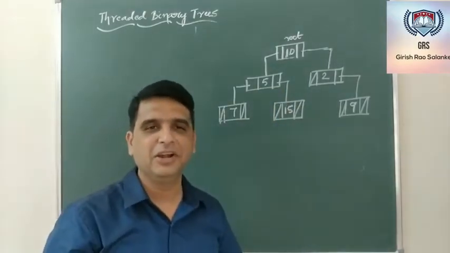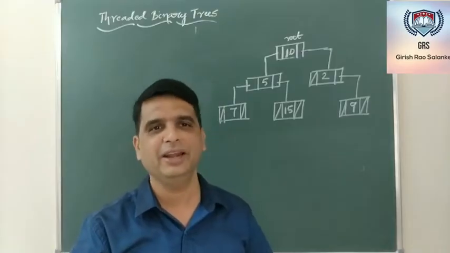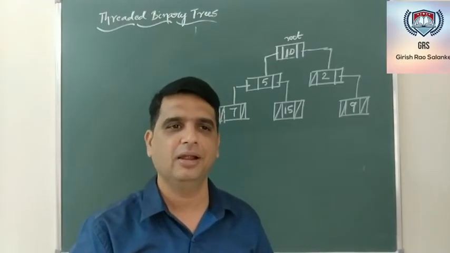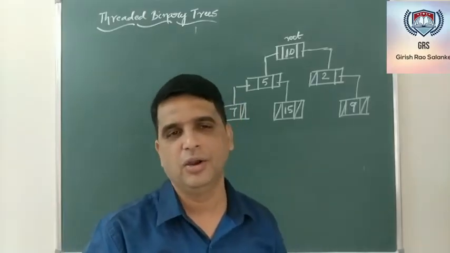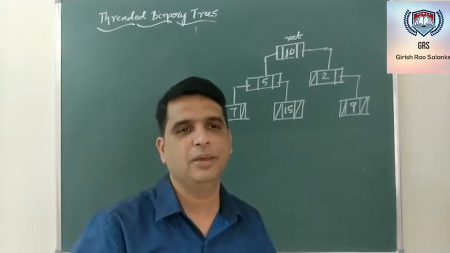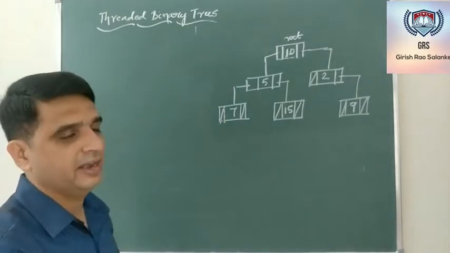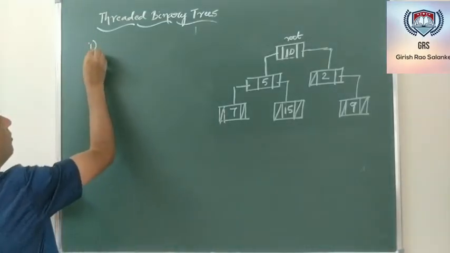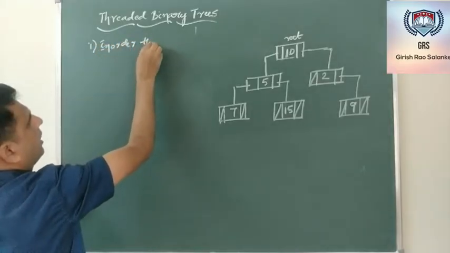Now to get the predecessor node or the successor node, I should be aware of the traversal, because only in case of any traversal method, I can say that 2 is the successor of node 5 or 10 is the predecessor of node 5, something like that. So based on that, the threaded binary trees can be further classified as in-order threaded binary trees.